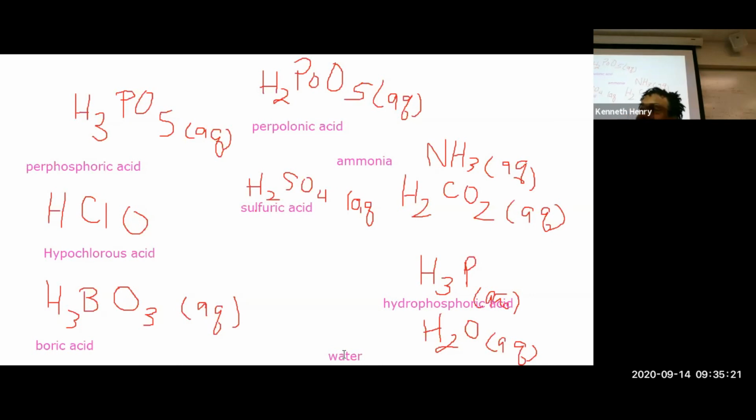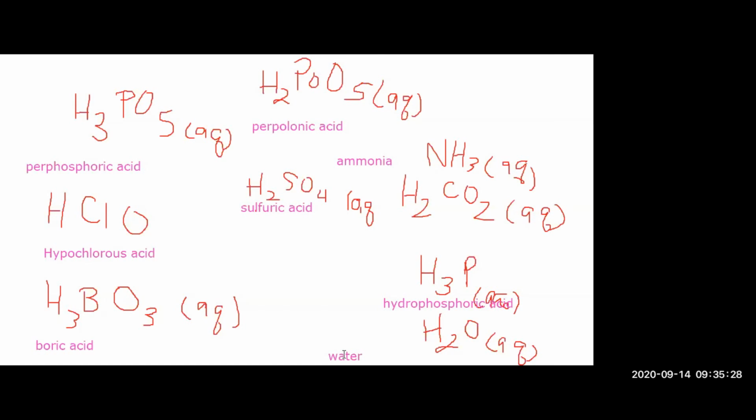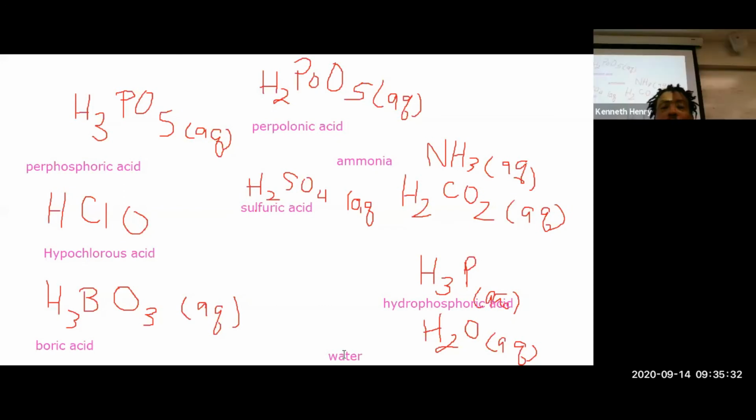So those are my curveballs. You said if it has an O, we're using hydro? No, if it doesn't have an O. You notice all the ones that don't have O, they have hydro in front of them. We only have one example up here. All the other ones have O's, so they're going to be either -ic or -ous. There's no hydro in front of those. The only one that has hydro in front of it is the one that doesn't have oxygen.